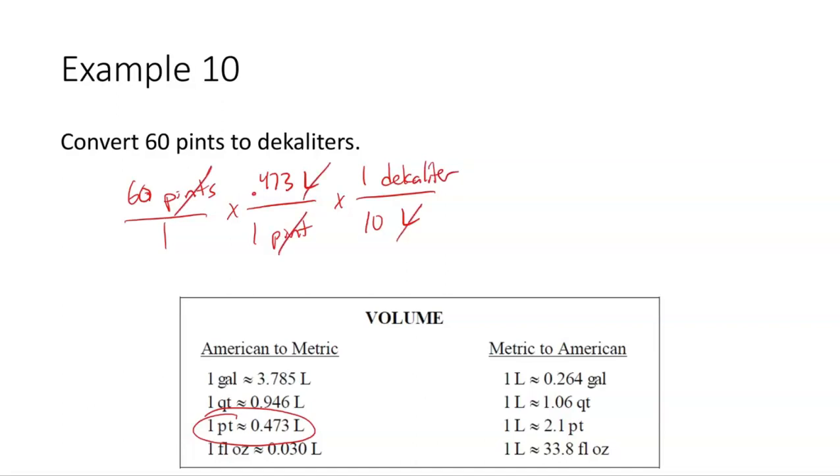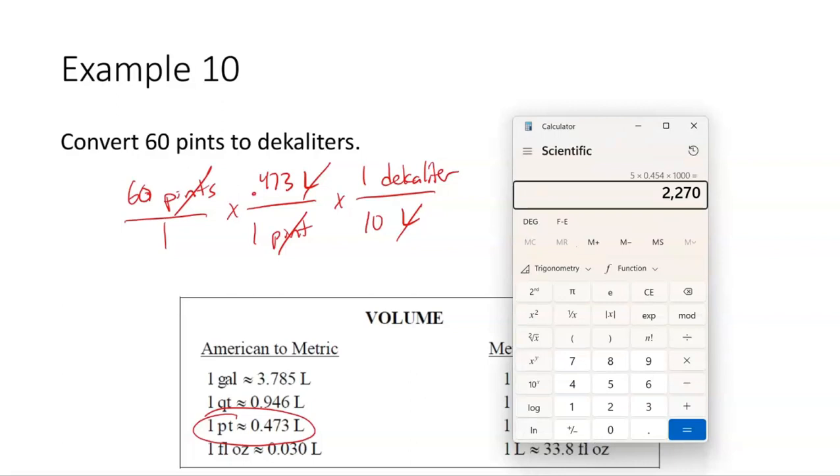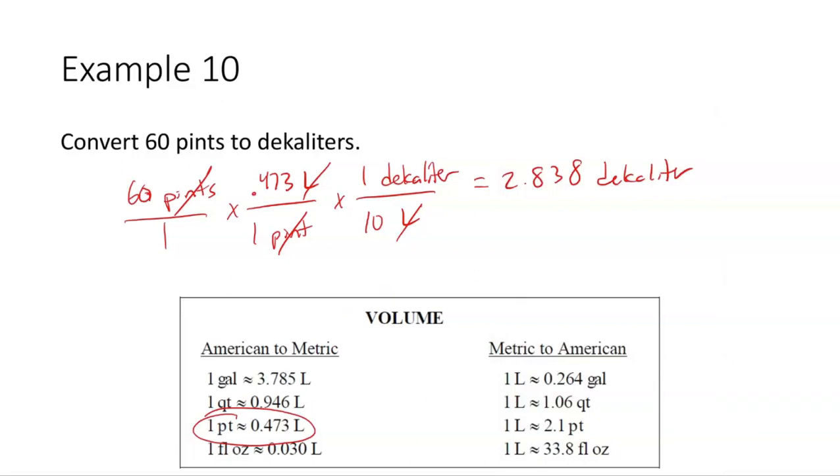And so we're going to do 60 times 0.473 divided by 10. And there's the calculator. So if I go 60 times 0.473 times 0.1, so 2.838 decaliters.